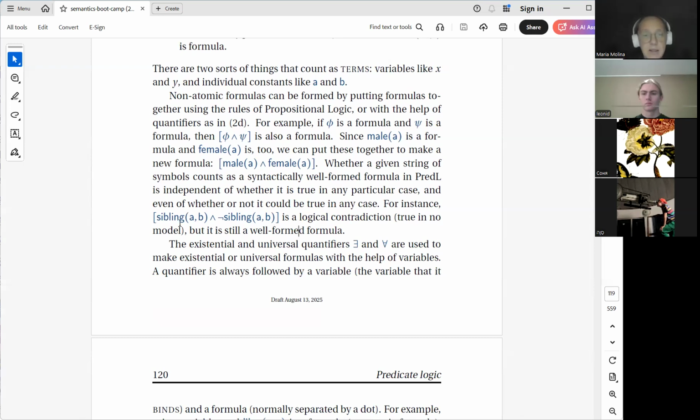But still, it is a well-formed formula. So a syntactically well-formed formula in predicate logic is independent of whether it is true in any particular case or whether it could be true in any case.